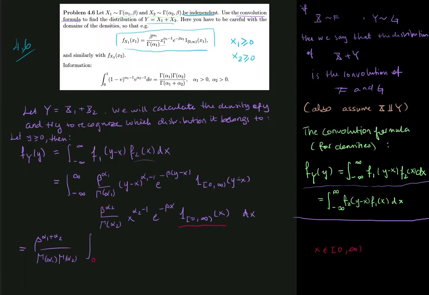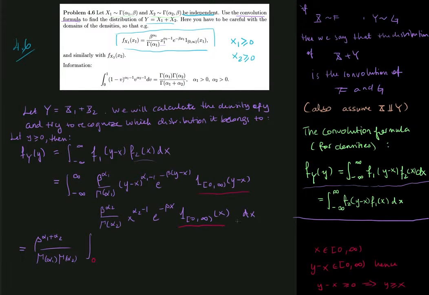But another thing that I can see using this indicator is that y minus x should belong to 0 to infinity. So what does that mean? That means that y minus x should be greater than or equal to 0, which implies that y should be greater than or equal to x.